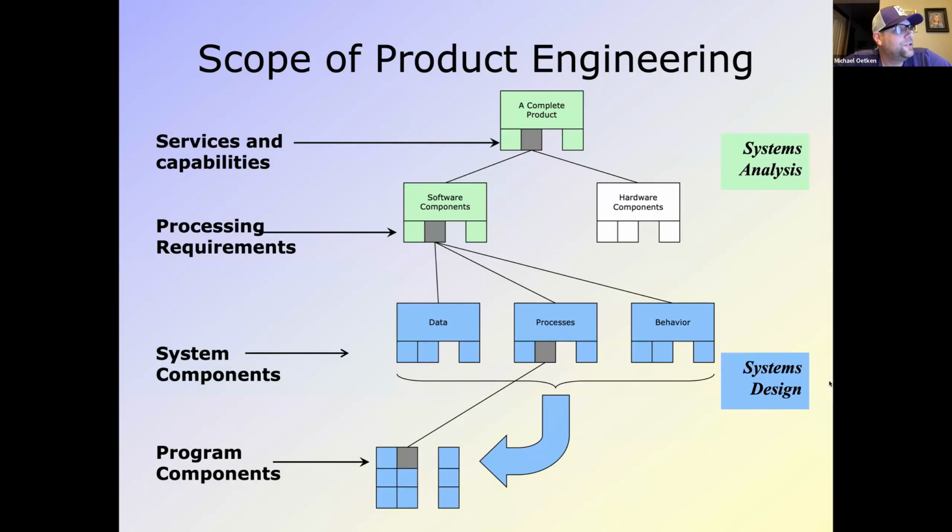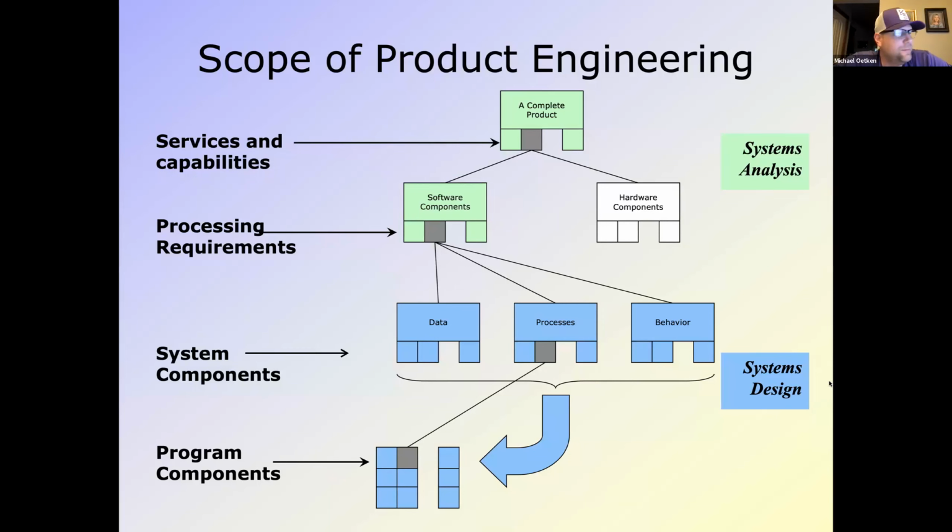And then if we move down in the chart, there are 2 sides. There are hardware components and software components that could be tied in there. That's part of processing the requirements. And when we look specifically at the software components, there's data, there are these different processes, and there are behaviors that we're looking at.